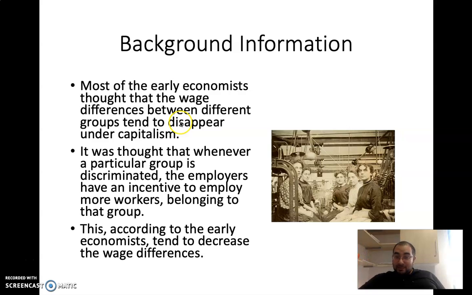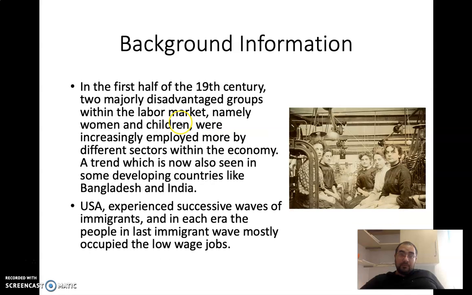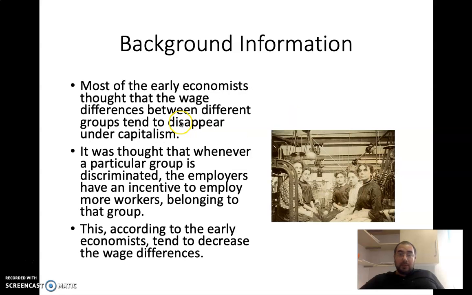As a result, the wages and employment level of the discriminated group and non-discriminated group will converge. So this is the main idea. This idea can be challenged in different ways, and we will see how this can be challenged to some extent.